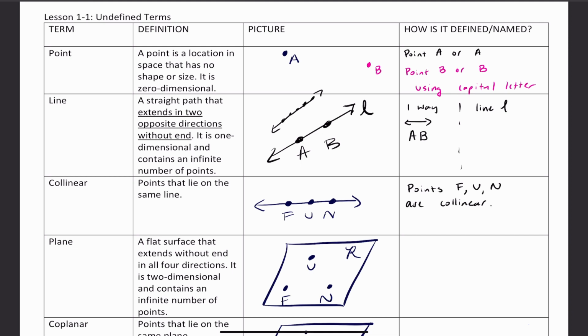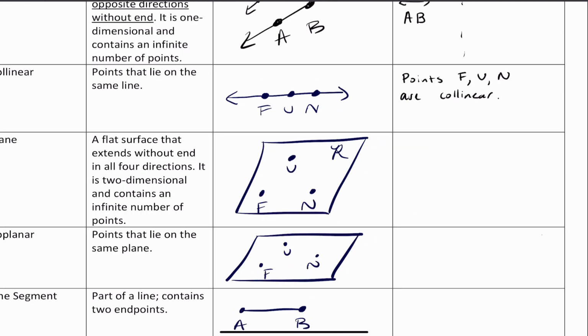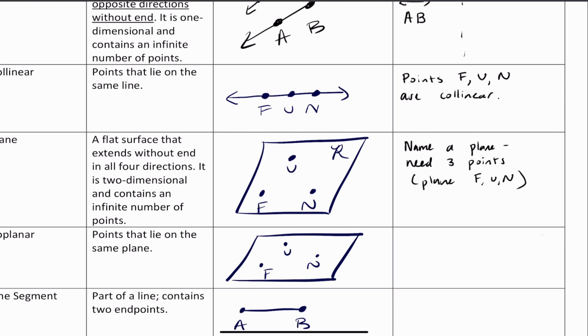So this is what a plane looks like, kind of like a flat piece of paper, sort of. To name a plane, you need to pick 3 points. So in other words, you will call this plane, again, F-U-N. So that is plane F-U-N.